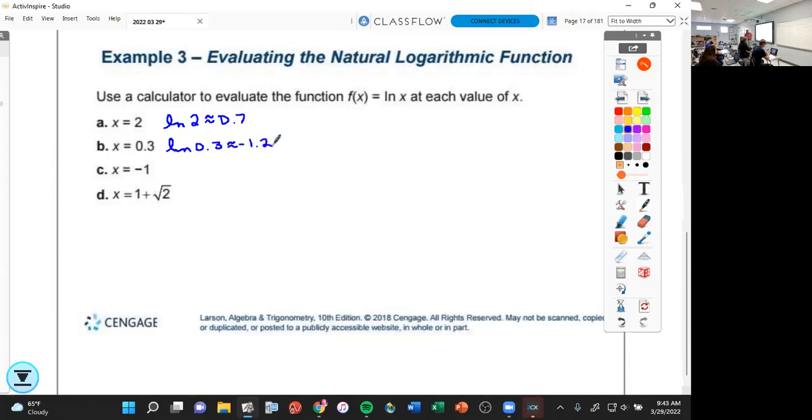Calculator. Natural log button. It's the same button. The one that says natural log. There you go. Yeah, it's what you already had. What is the natural log of -1? What?